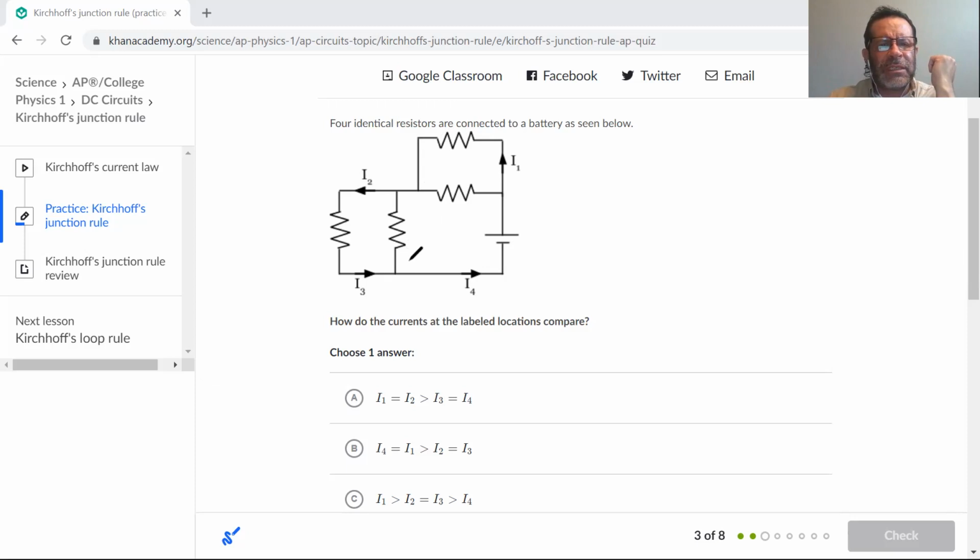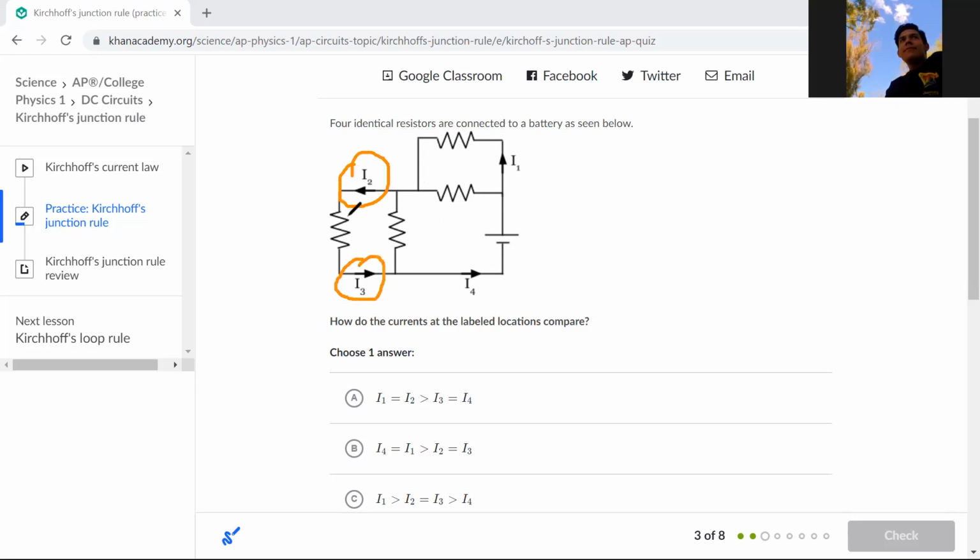Is there anything else that we see there that might be a relationship that's clear or obvious? What can we say about I2 and I3? If we look at these two, they are equal. Yes, correct, JC. I2 is going through here and then it's coming over here.